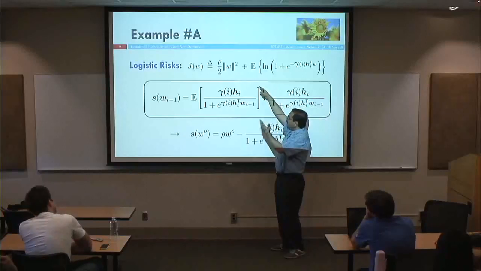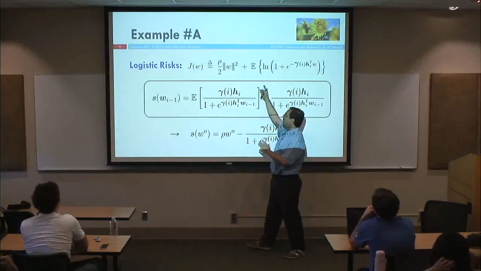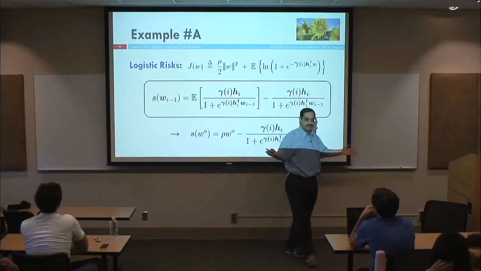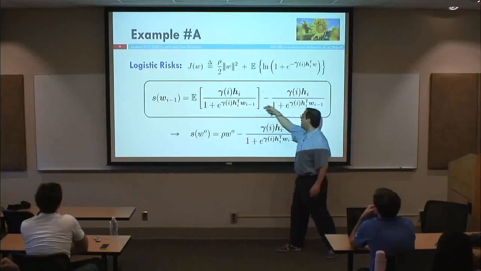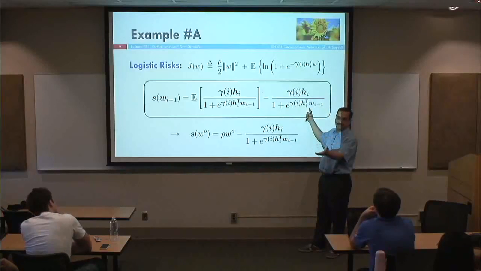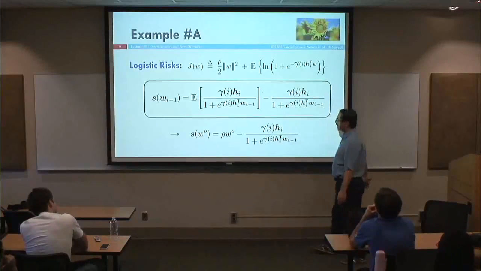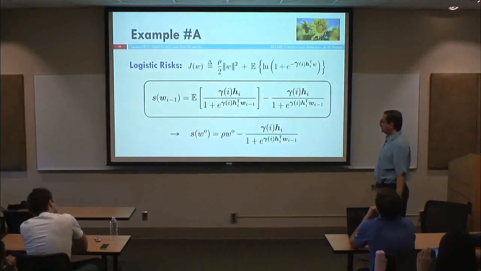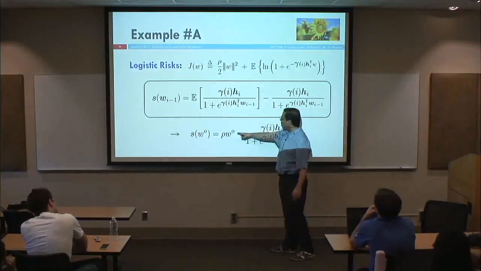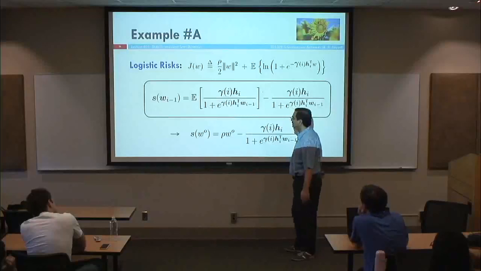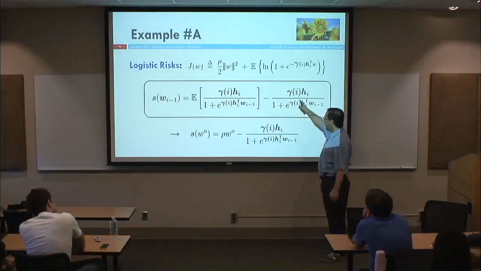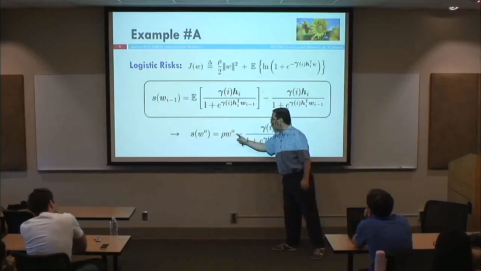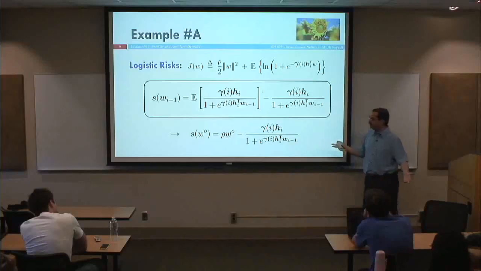So when you subtract the true gradient from the approximate gradient, the rho omega term disappears. You will just get the difference between the expected value and the one without expectation. So this is the gradient noise. And then if you evaluate it at omega 0, you can show in the notes that this becomes exactly rho of omega 0 minus that, okay?